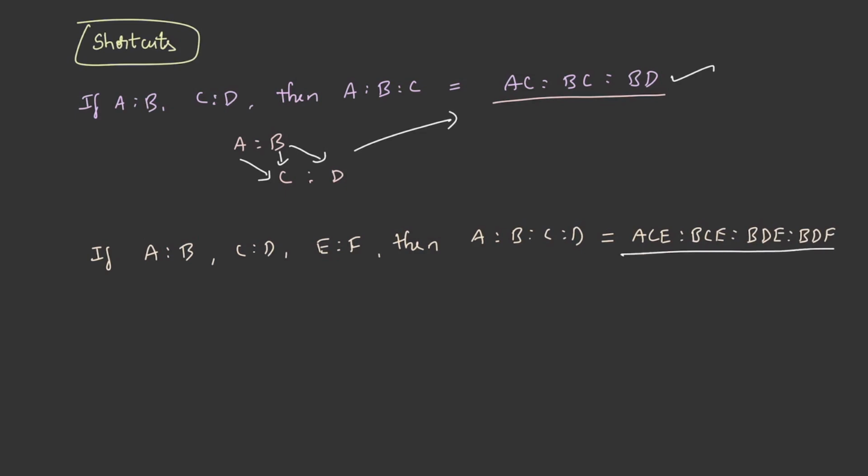This might be a bit confusing, so let's understand it through a trick. A is to B is given, C is to D is given and E is to F is given. So ACE is the first one, BCE is the second one, BDE is the third one and BDF is the fourth one.